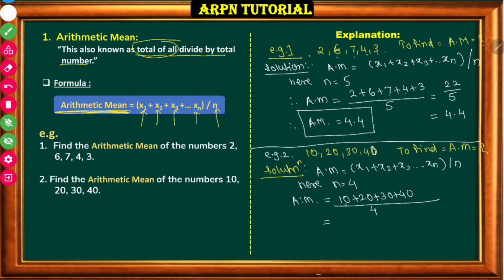If you add all these values, 10 plus 20 is 30, 30 plus 30 is 60, 60 plus 40 is 100. And here the arithmetic mean for this is 25.